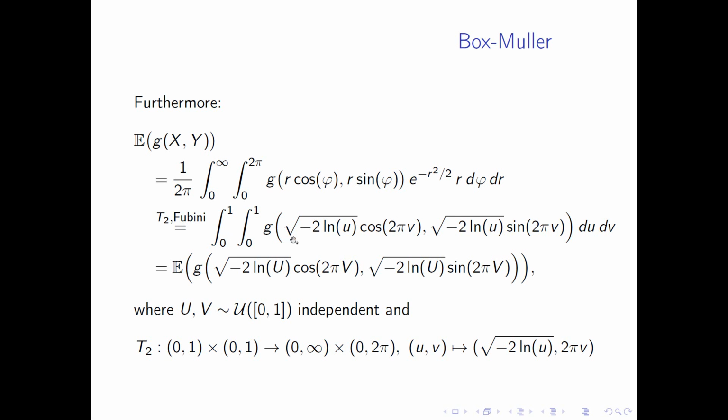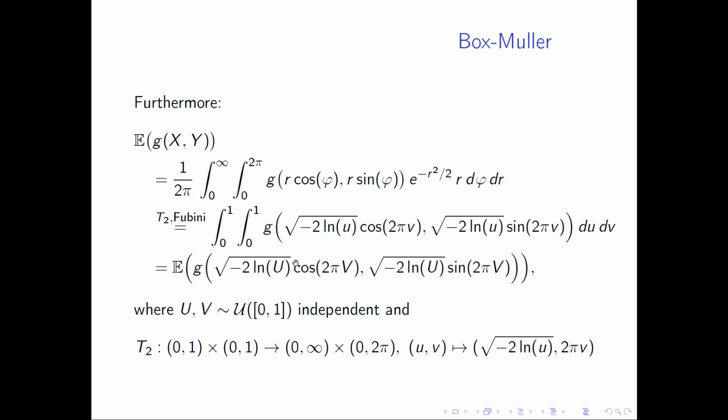So we have now this integral 0, 1, 0, 1 of g of square root of minus 2 ln u cosine 2 pi v, and here square root of minus 2 ln u sine 2 pi v, du dv. Okay, and integral 0, 1, integral 0, 1, no factor.